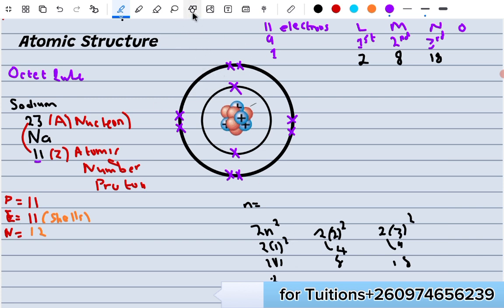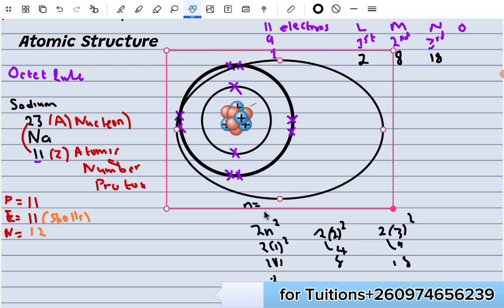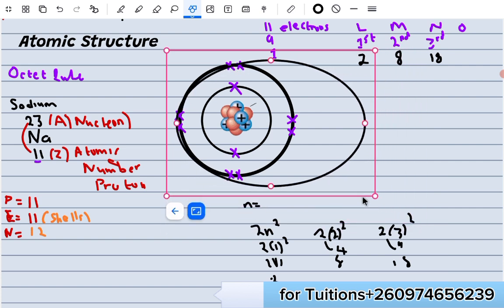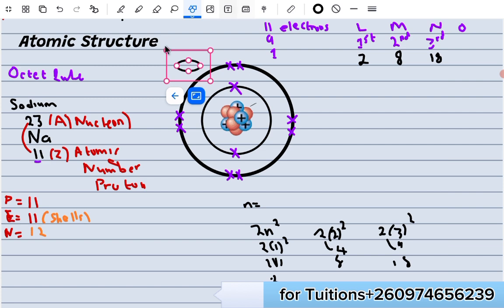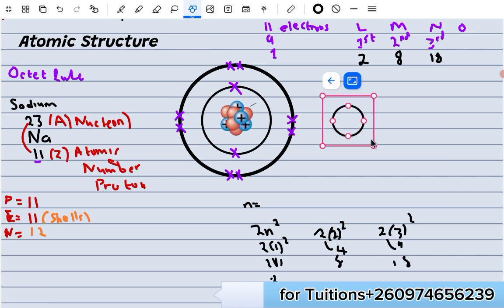So now we need another shell. Here's what we are going to do: we are going to make another shell. Just do this. Delete this, it isn't nice. Then we do this. I think this is better.